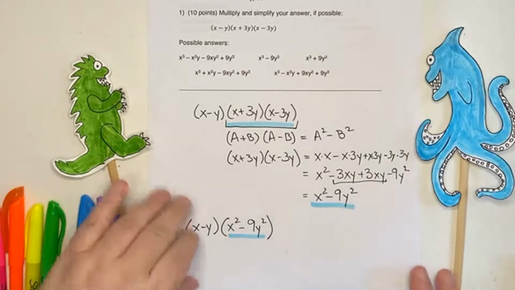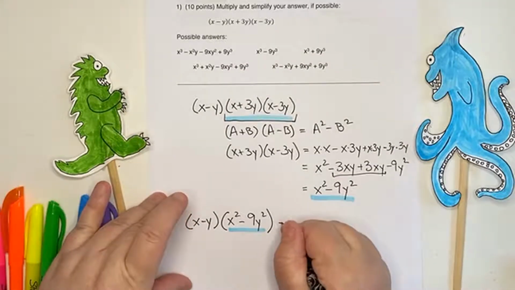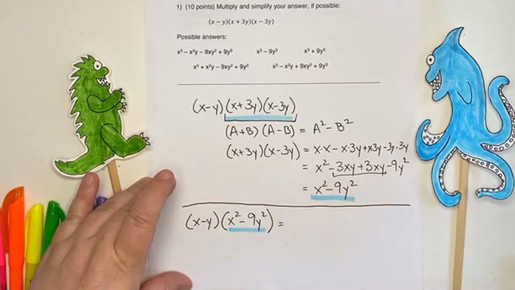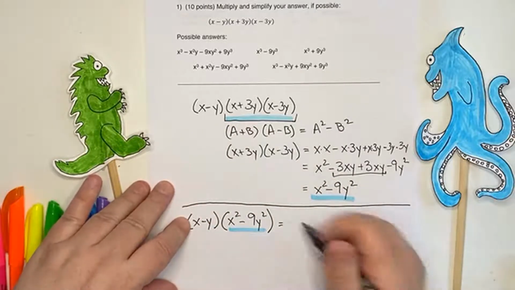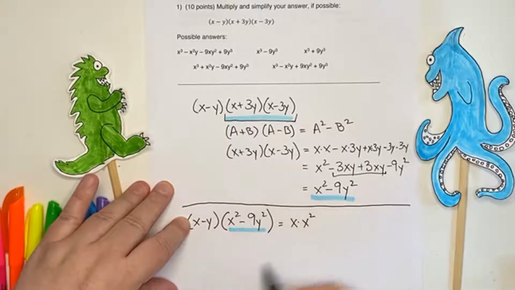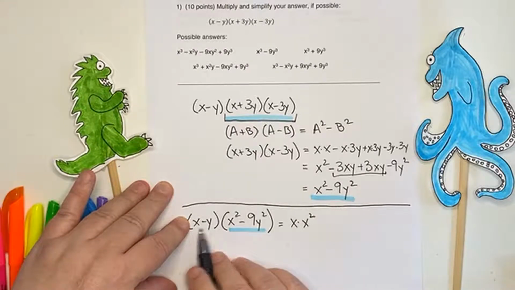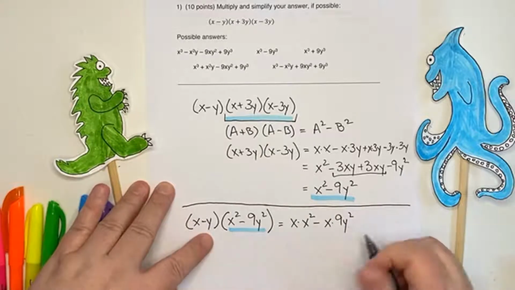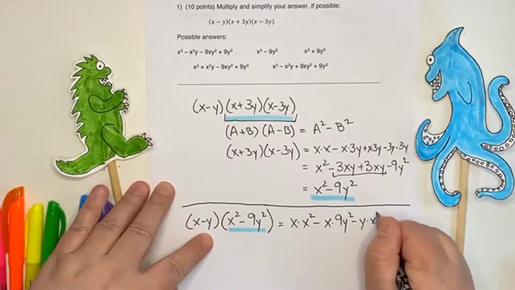Again, I'm going to use FOIL once more. So let me draw a line here to visually separate these two pieces. First is going to be x times x squared. Outer is minus x times 9y squared. Inner, minus y times x squared.